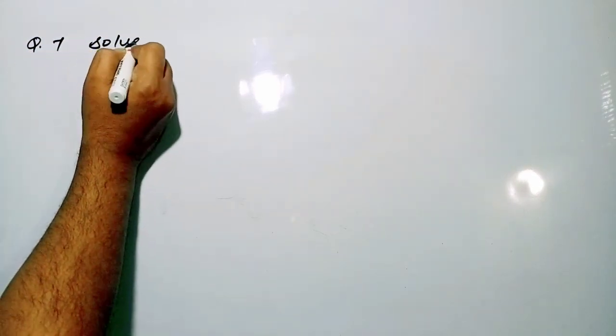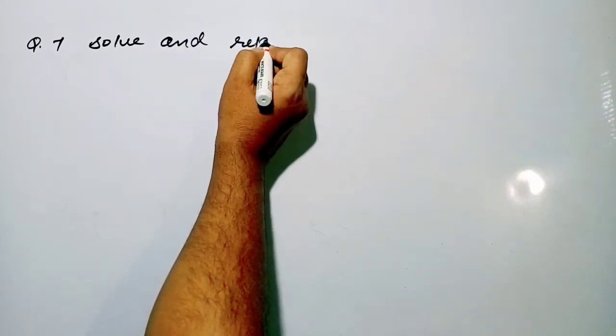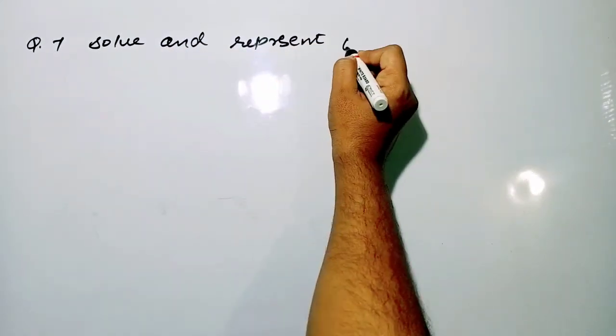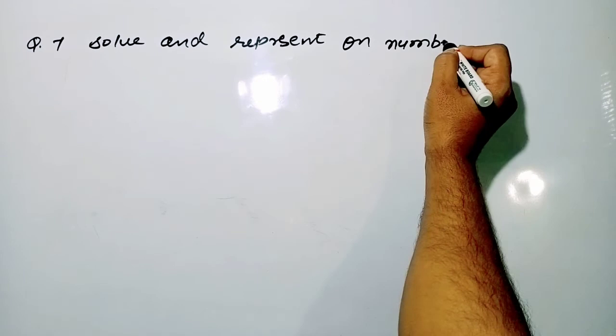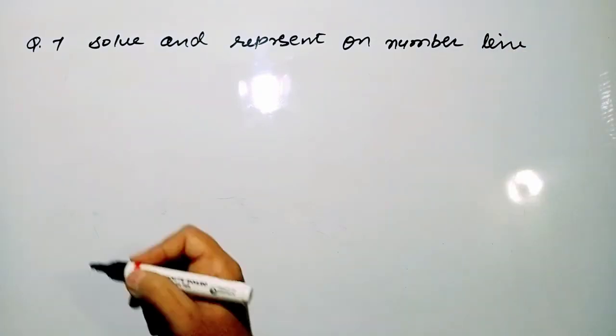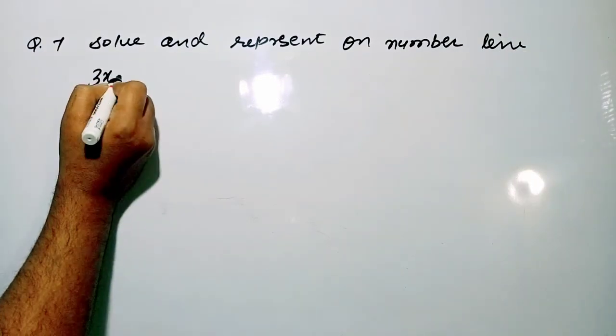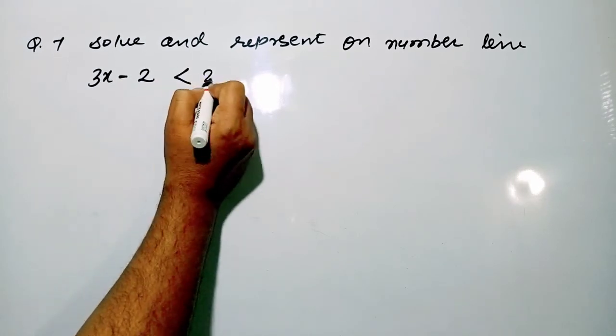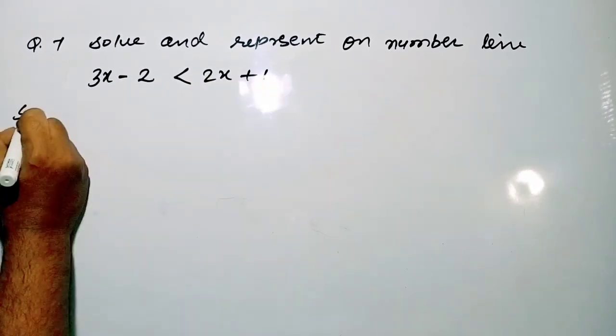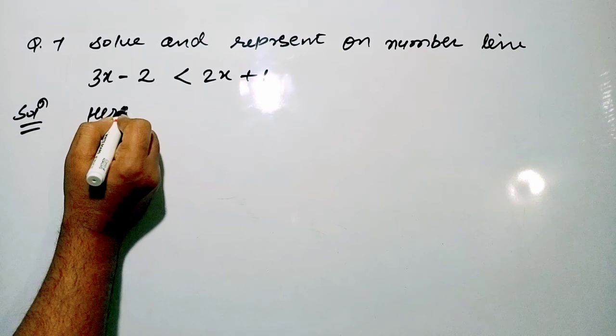Okay student. Now moving to the next question: solve and represent on the real line, a number line. Here the inequality is 3x - 2 < 2x + 1.